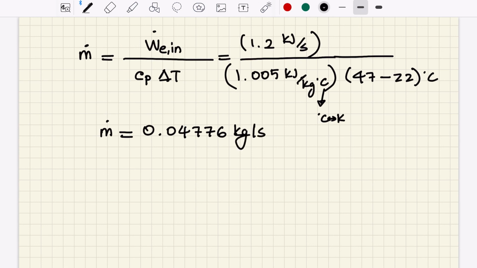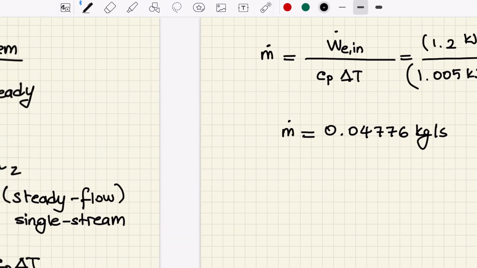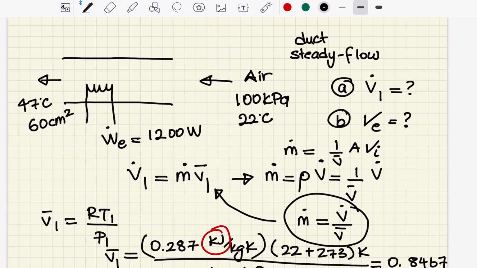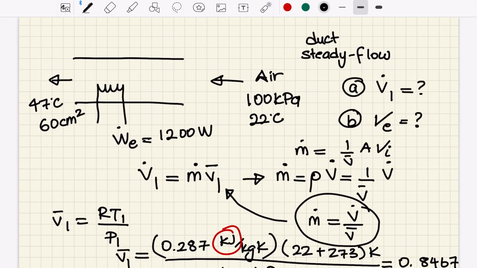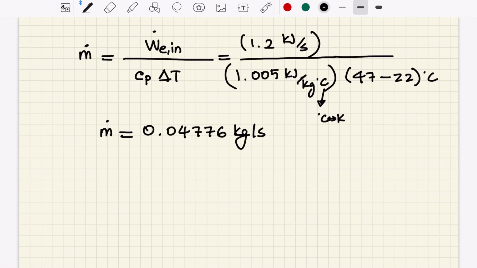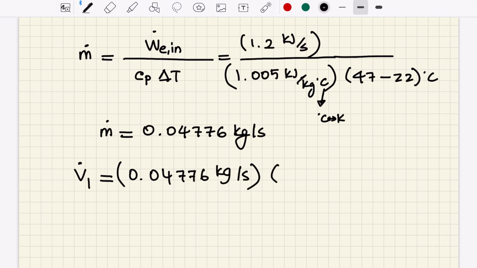Okay, now that we know the mass flow rate and the specific volume, we can calculate the first part of this question, which asks us to calculate the volumetric flow rate, which is mass flow rate times specific volume.